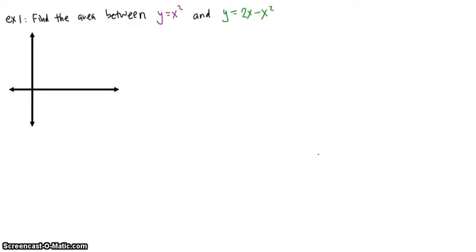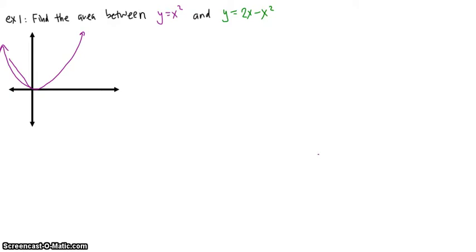So let's take a look at what that looks like in terms of an example. In this case, find the area between y equals x squared, this curve, and y equals 2x minus x squared, this curve. First of all, you should be able to graph these without a graphing calculator. You have a regular parabola that goes through the origin, which is not very accurate here, but looks something like that.